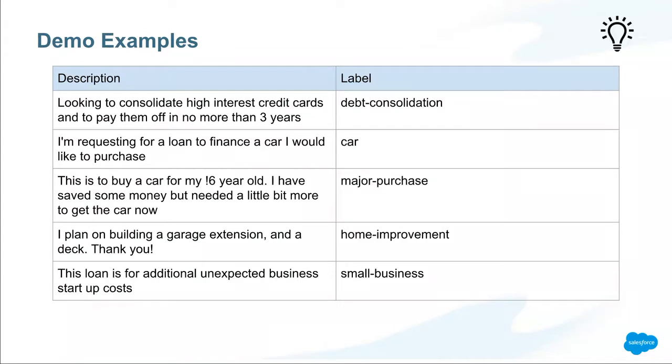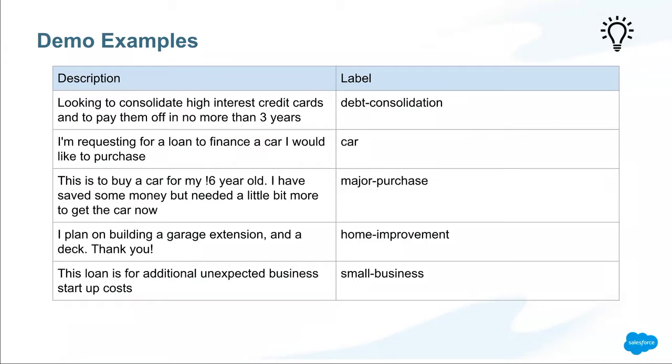Okay, so here are some examples of the data that we actually had for the lending network. I'll just read one of them here. I'm requesting a loan to finance a car I would like to purchase. That was the text that we had in some of the examples, and we had a label of car.